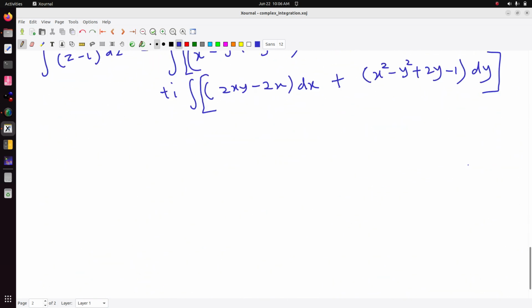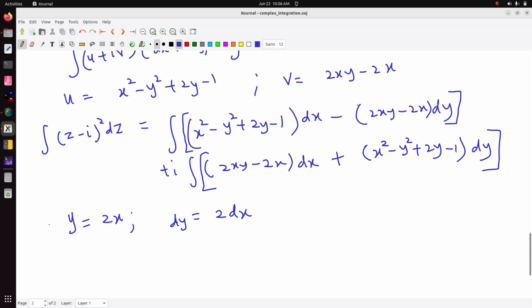So we use that trick to simplify the integral. We say y equals 2x, and if y is 2x, then dy will be 2 dx. So we replace y by 2x and dy by 2 dx.